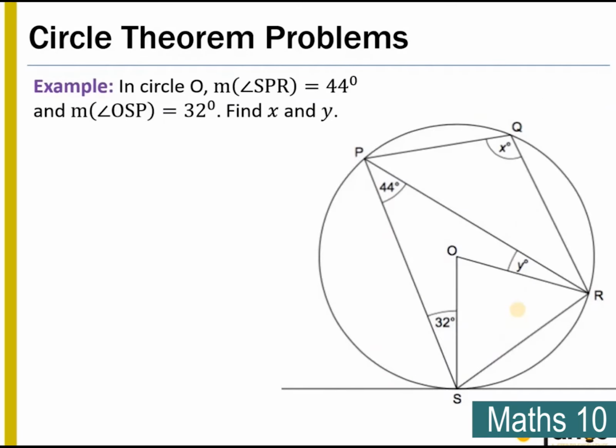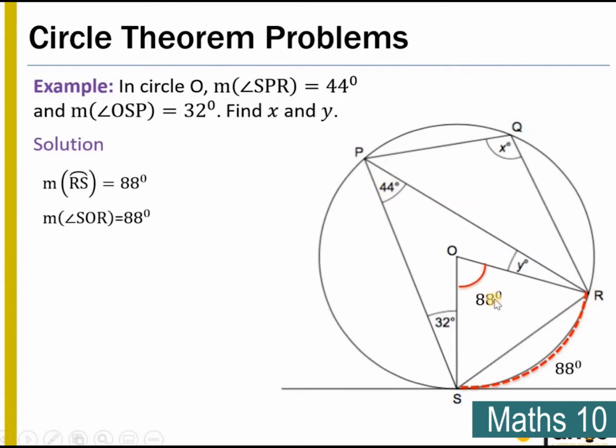Example: in circle O, the measure of angle SPR is 44 degrees, and the measure of angle OSP is 32 degrees. Find X and Y. First of all, we know that the measure of this arc must be 88 degrees because it must be twice 44 degrees. So the measure of the angle at the centre is also 88 degrees.